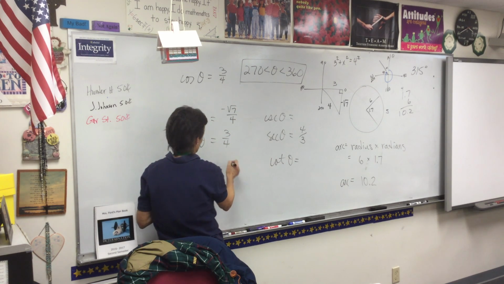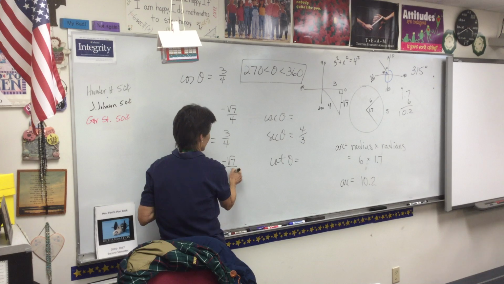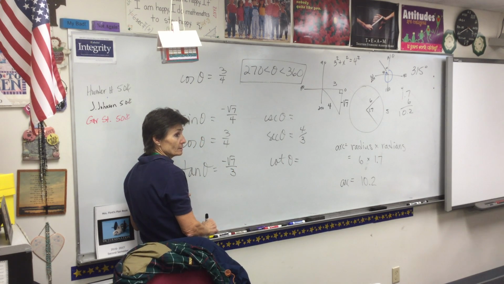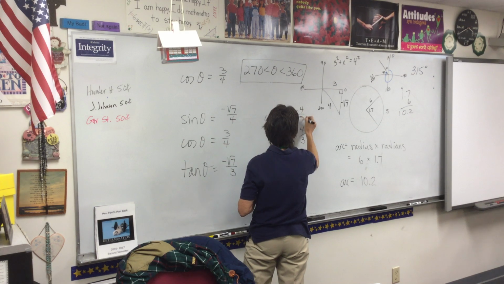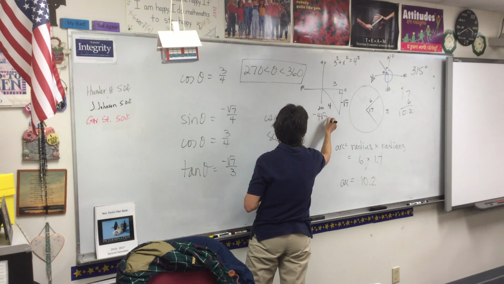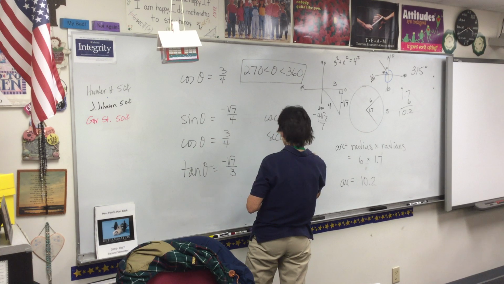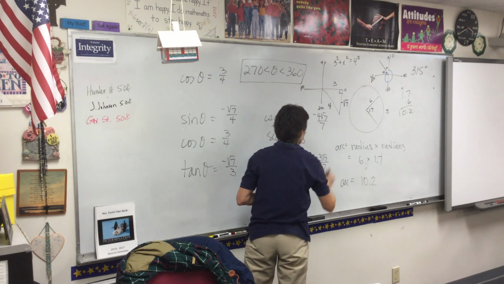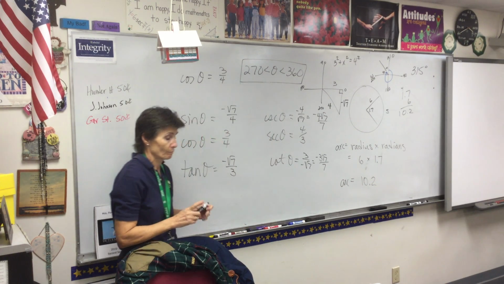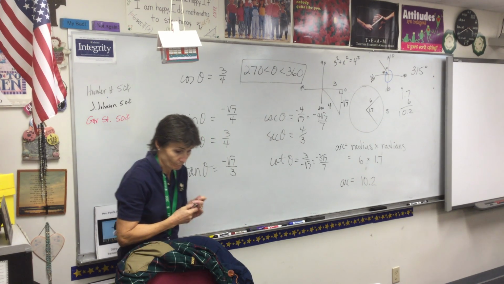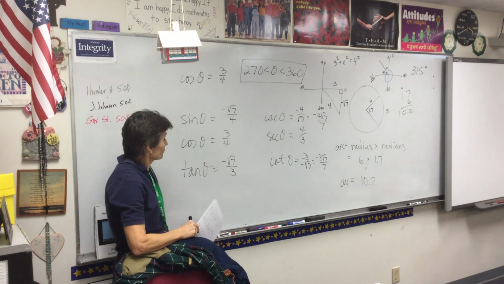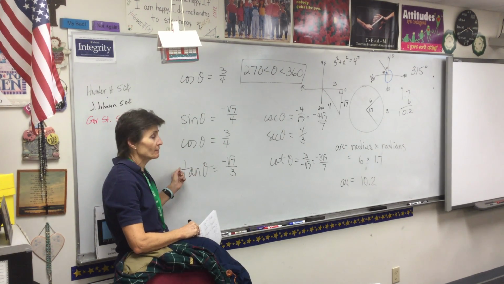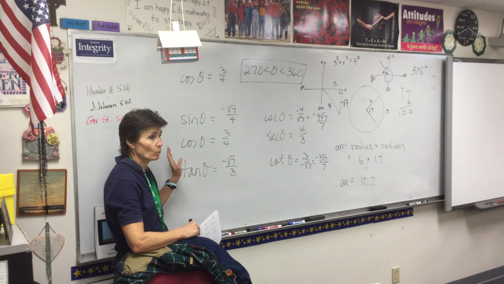And tangent, negative root 7 over 3. And then the reciprocals. That's a definite test question. Does anybody have a question about that?